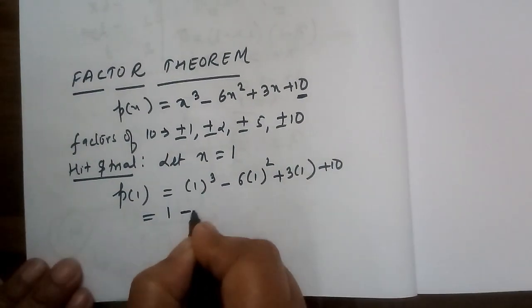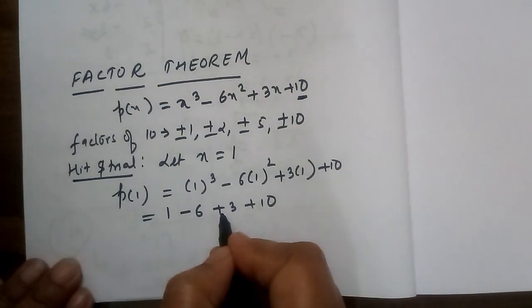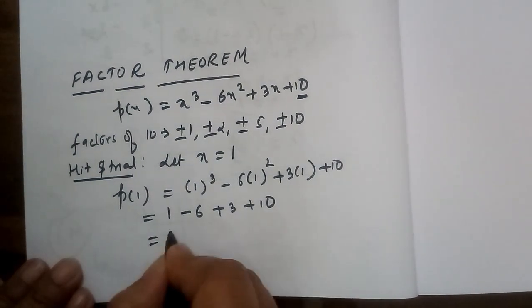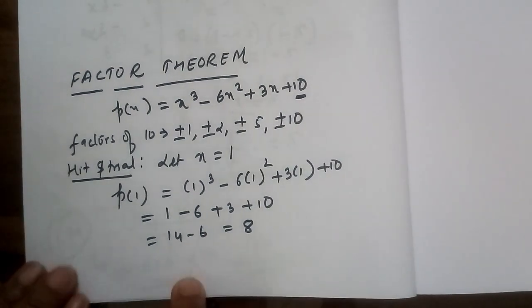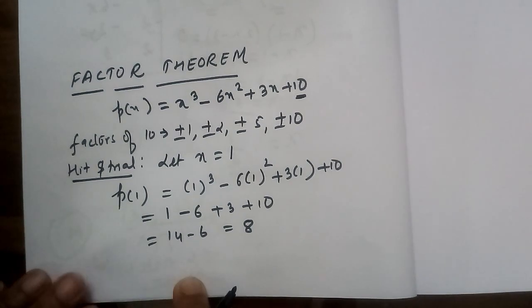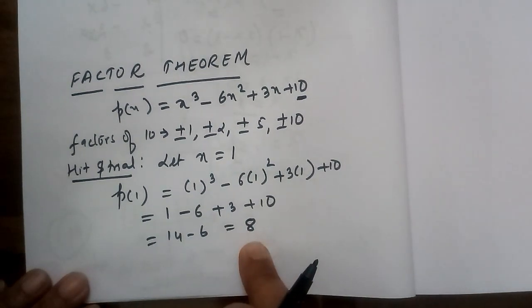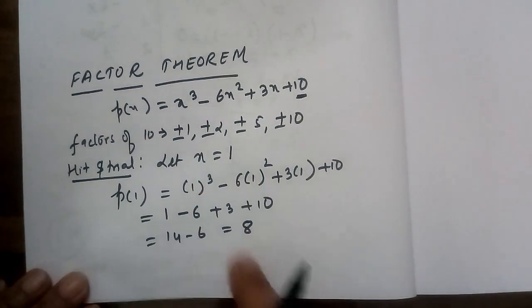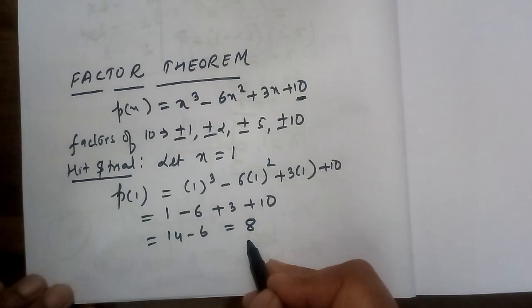I get 1 minus 6 plus 3 plus 10. 10 plus 3, 13. 13 plus 1, 14. 14 minus 6 gives me 8. Now what I have done in my previous video was that for any number to be a factor, you should get your answer as 0. That means this is not a factor of this given polynomial because you are not getting the answer as 0.